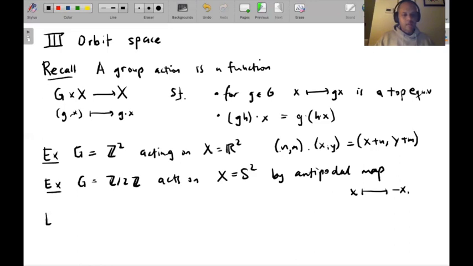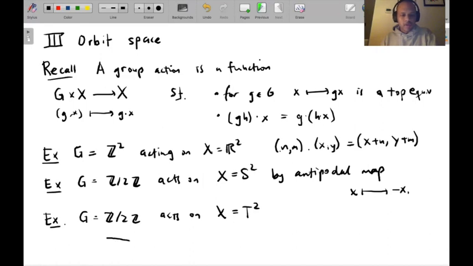And then, well, one remark is that a given group can act on a given space in many different ways. That's already true for both of these examples. But here, let's take G again to be Z mod 2Z, and X to be the torus. And let's consider a few different actions.